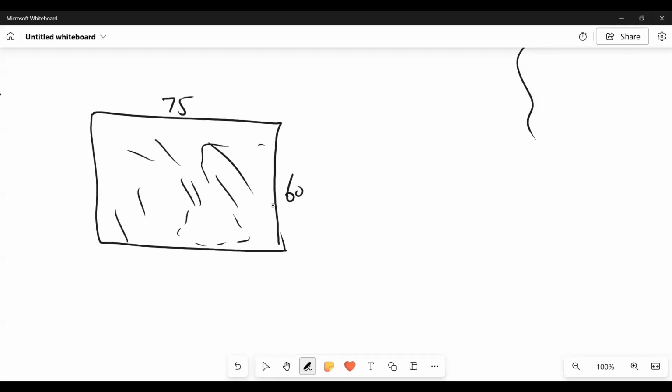And let's say the tile, and all right, I know nowadays tiles come in rectangular form. They're not all square. But let's just say they want square tile. What is the largest tile that you can use in this room here, so you don't have to cut any?